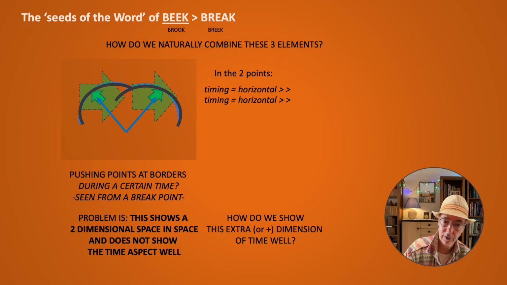It's actually that extra dimension. How shall I show this extra dimension while I have here a steady point, and I can't, I have to go horizontally? So how can I do that?